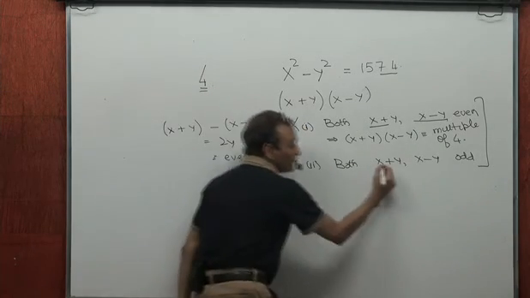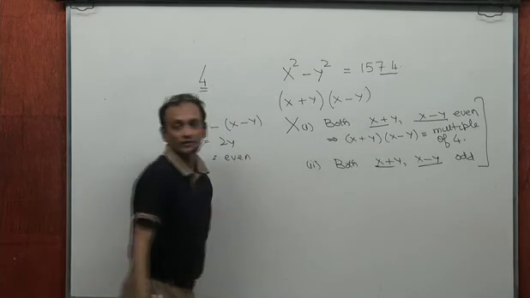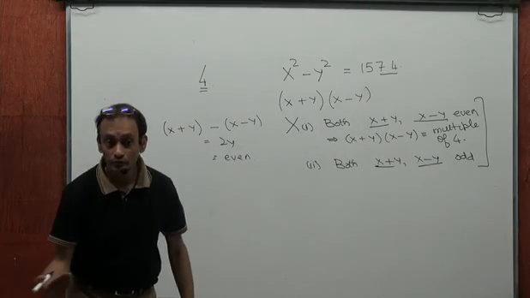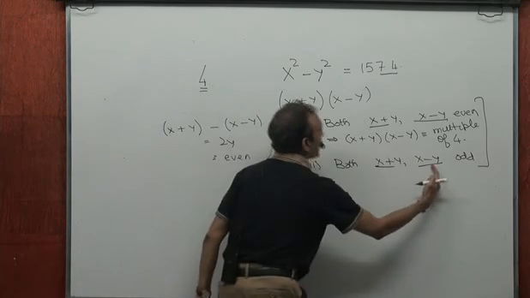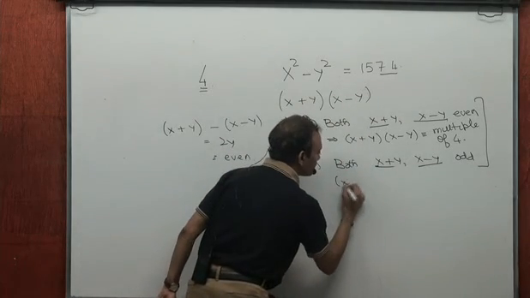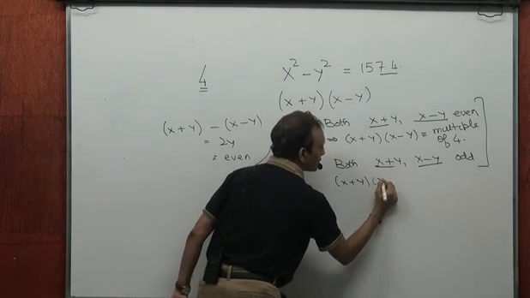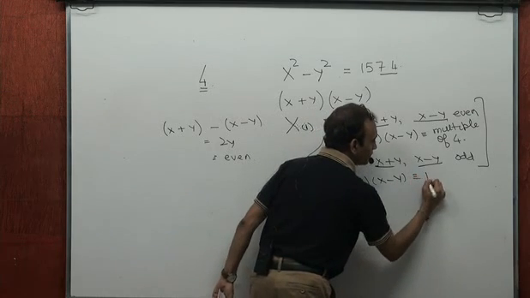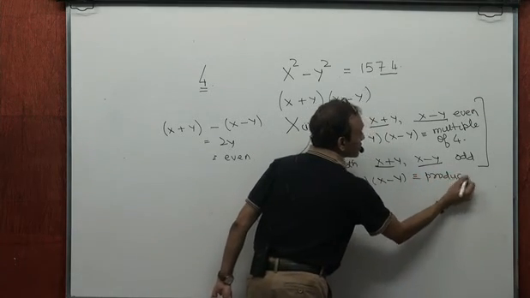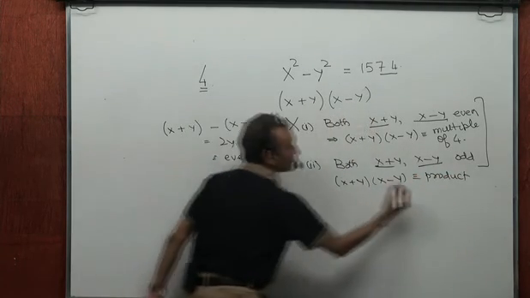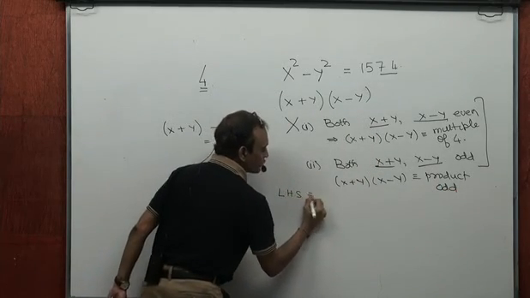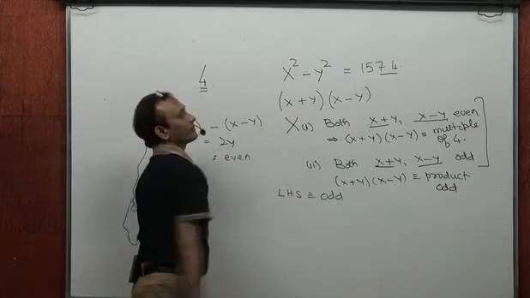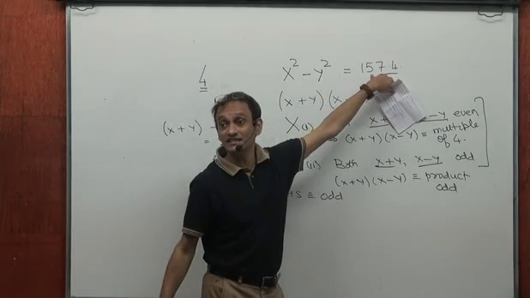Second, when both are odd, then the product would be odd. Product of two odd numbers is an odd number, isn't it? When x plus y and x minus y are both odd, then the product will be odd. That means the left hand side is an odd number, and the right hand side is even.